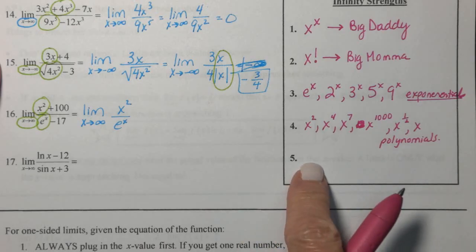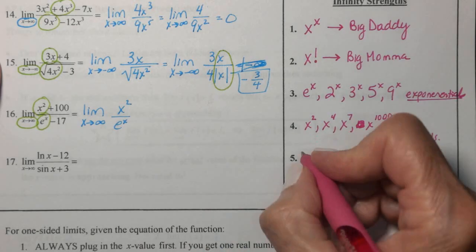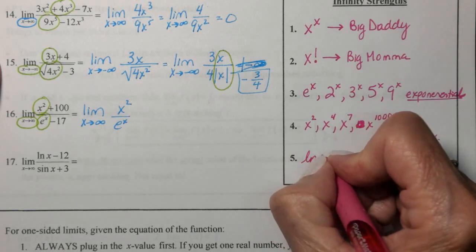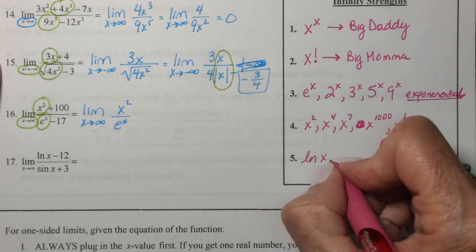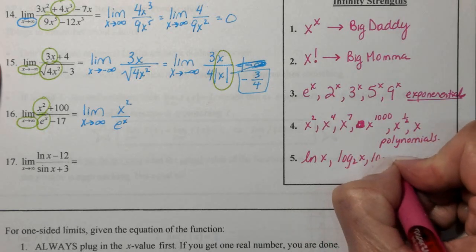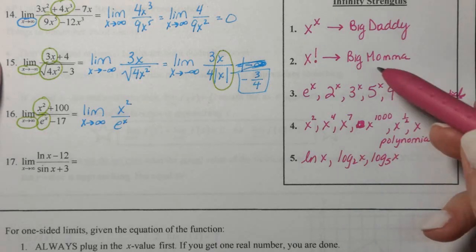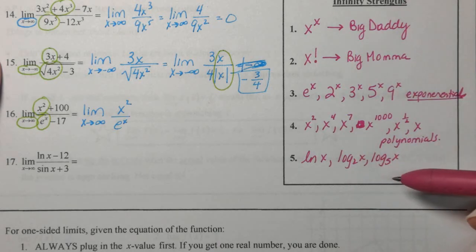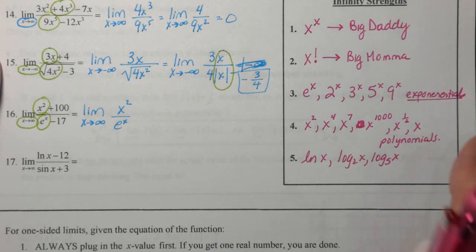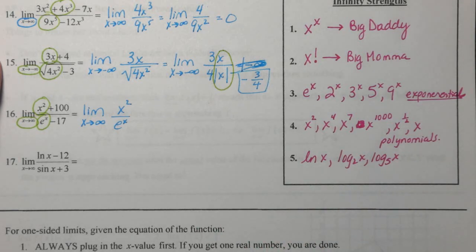One last one, still going to infinity: ln, natural log, or any other base. That is the weakest of our infinities, but it is still infinity.